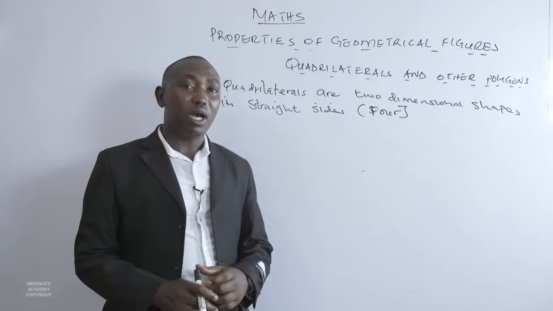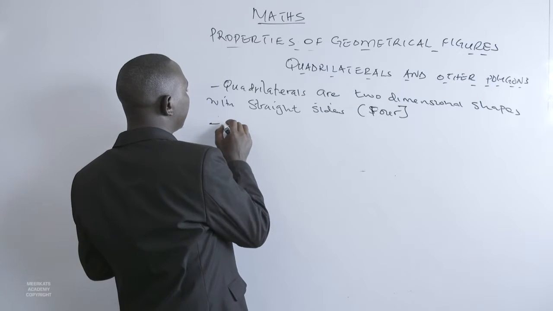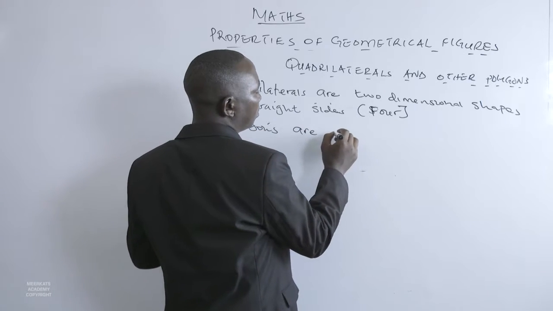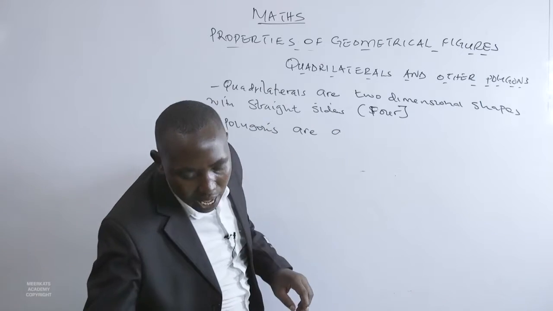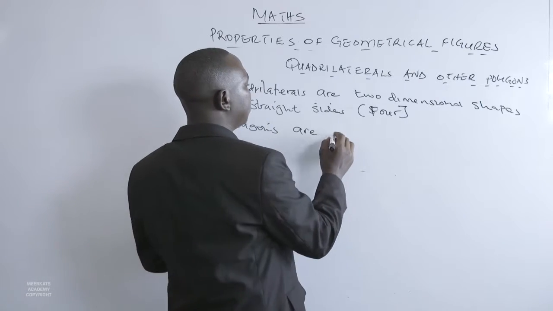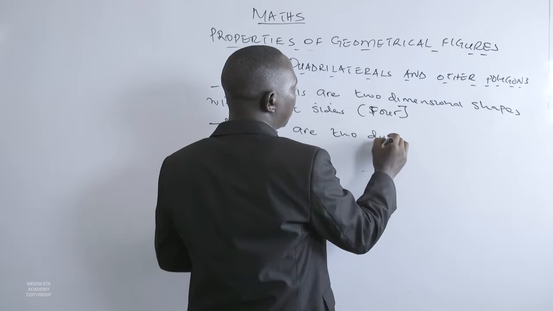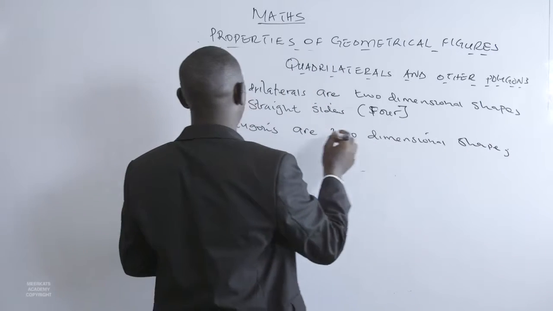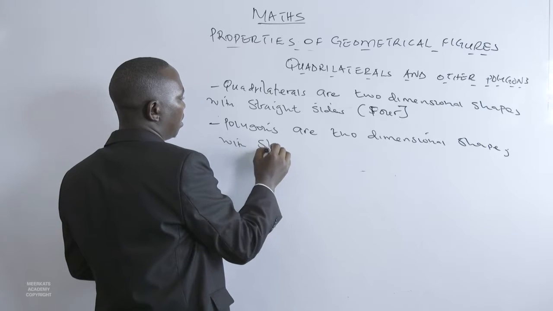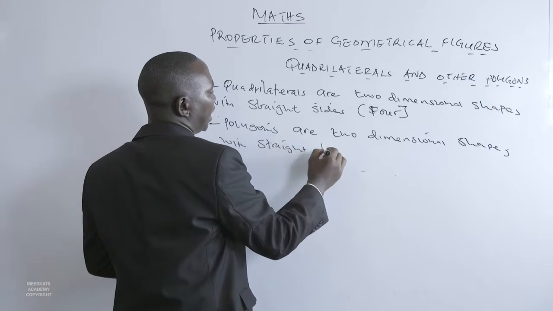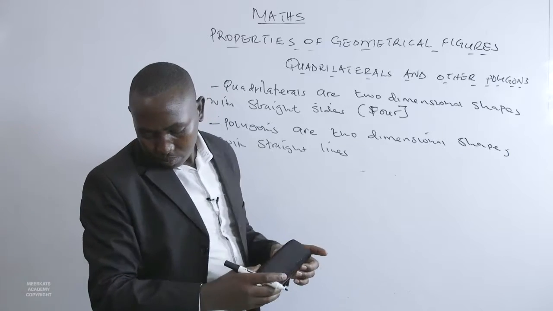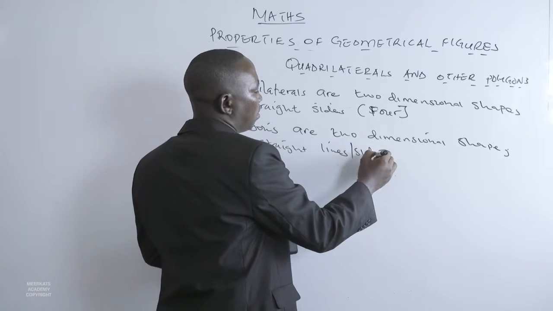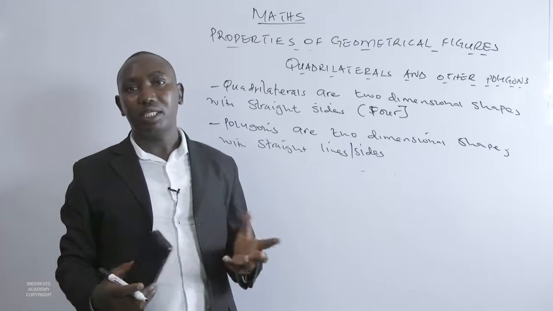We have convex polygons. So first, polygons are also 2-dimensional shapes with straight lines, or what we might say are straight sides.